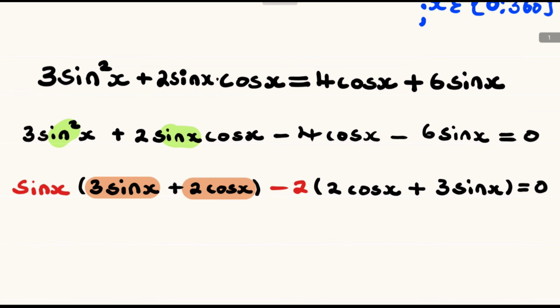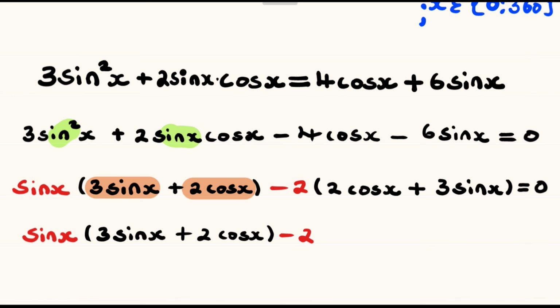So we can rearrange. So we have sin x into 3 sin x plus 2 cos x minus 2. So we write that 3 sin x first, and we later write the 2 cos x, and this will be equal to 0.